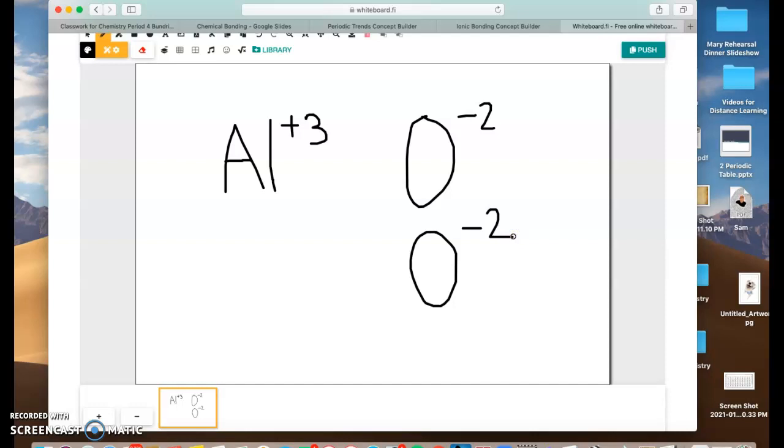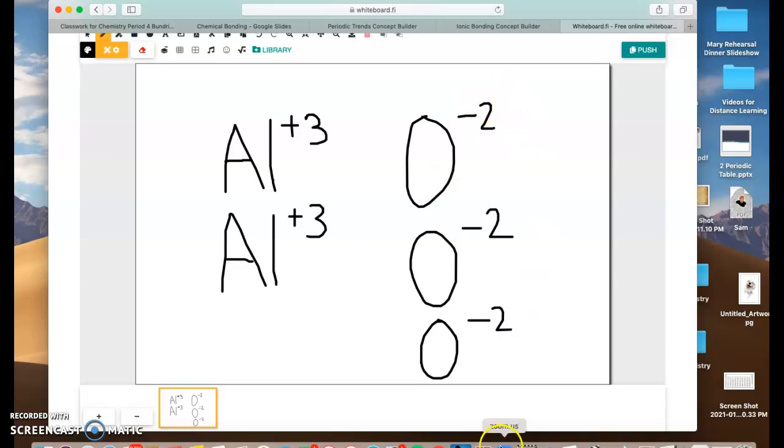So that puts me at 4 negatives, so I'm going to need some more positives. Okay, but every aluminum comes with 3 positive charges. So that's a total of 6 positives. And then if I add 1 more oxygen, that is 3 oxygens with 6 total negative charges.